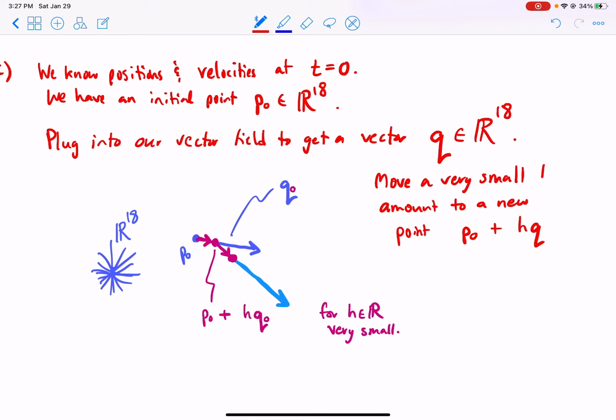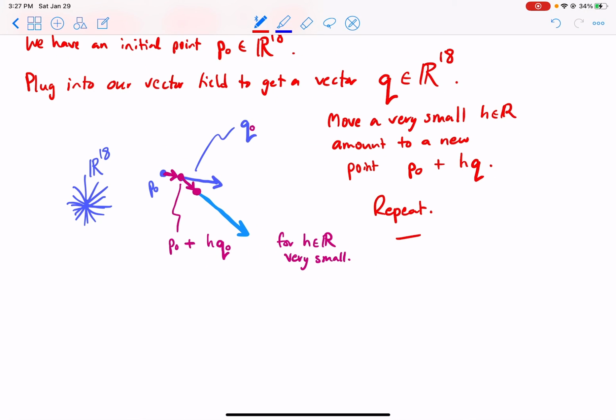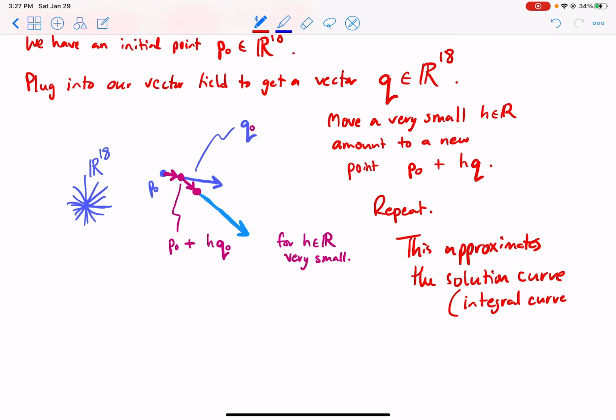So very small H real number amount, and repeat. This approximates the solution curve. Sometimes people call this an integral curve of a differential equation. The solution curve in phase space.